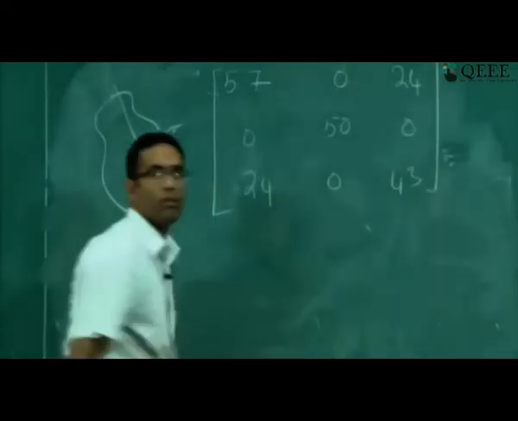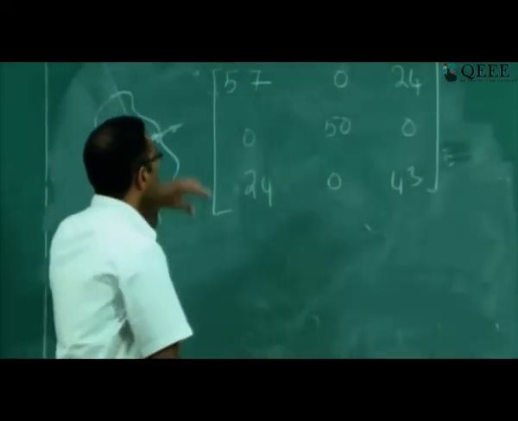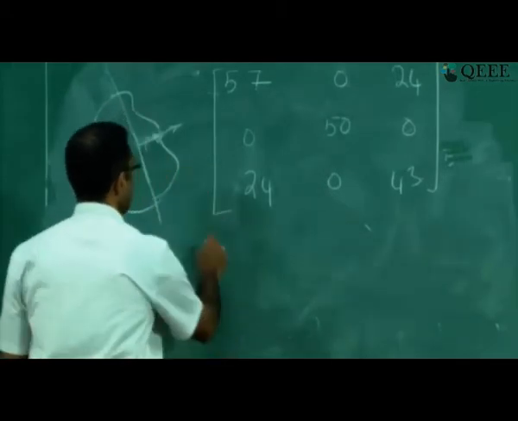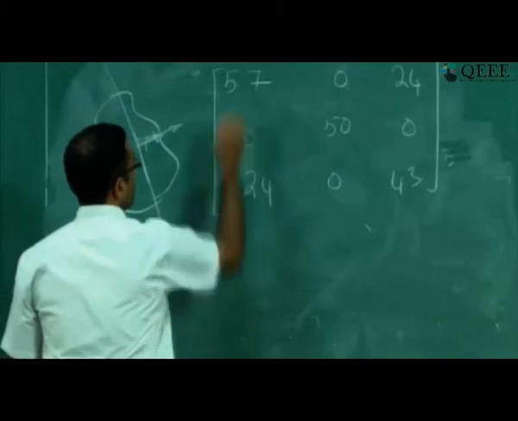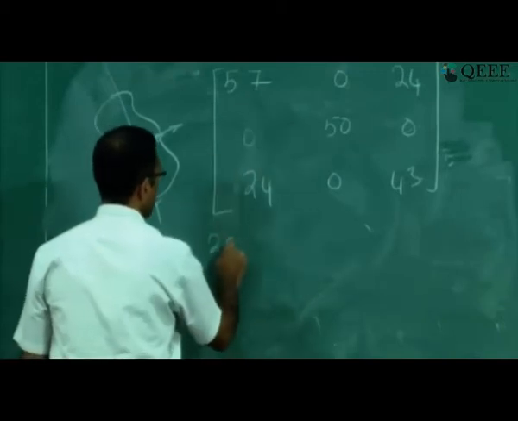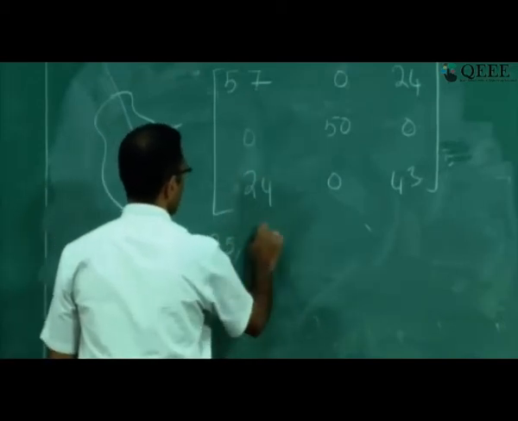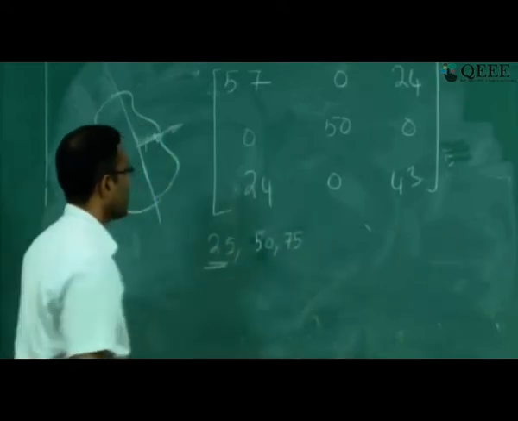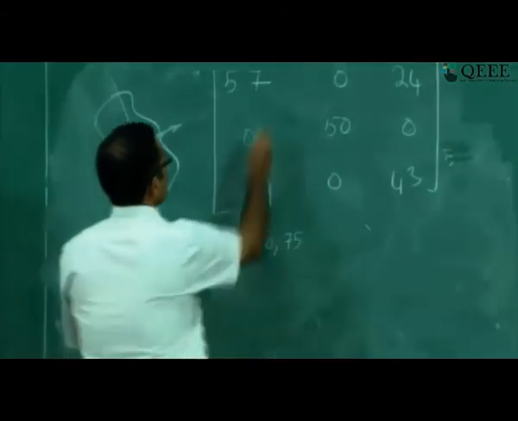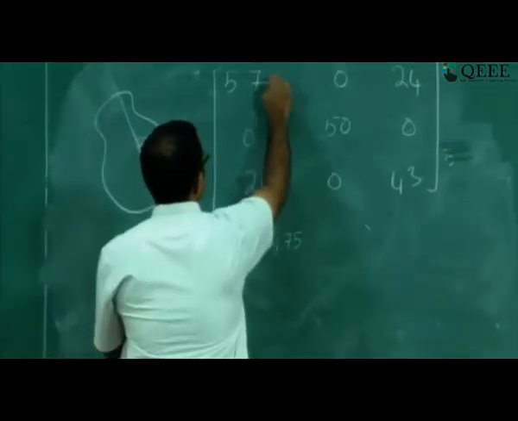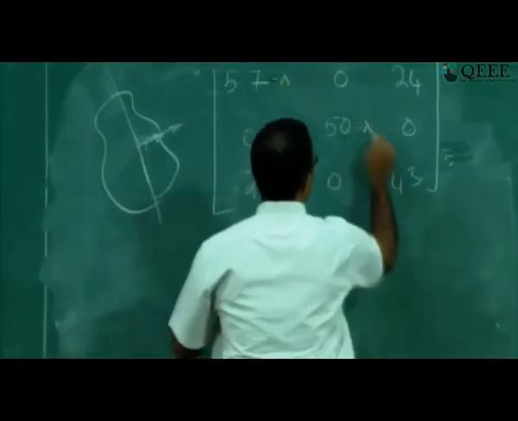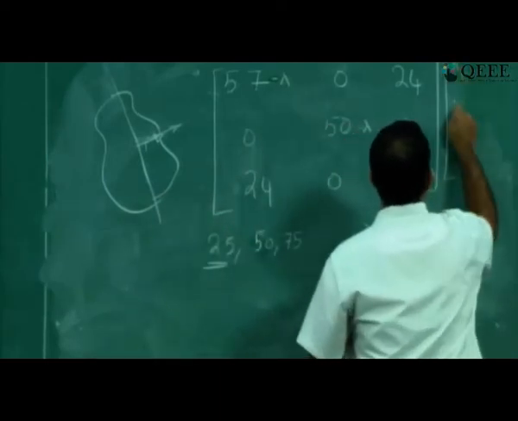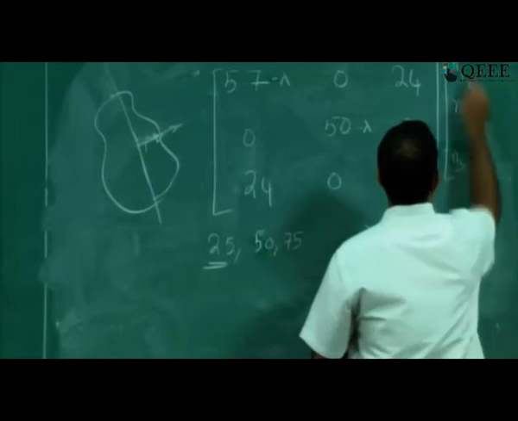The thing is, the equation that we have to solve is, the principal stresses are 25, 50 and 75. I'm going to do it for this 25 case currently. So first, this was the equation that we had to solve, right? Minus lambda times n1, n2, n3.